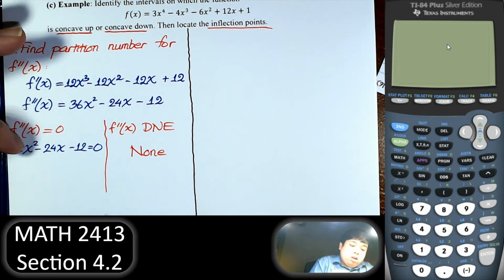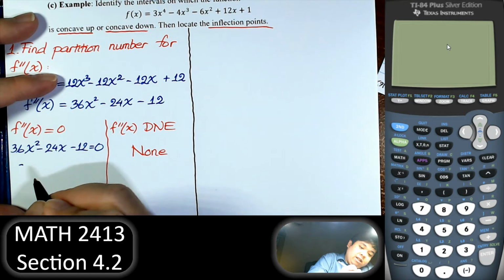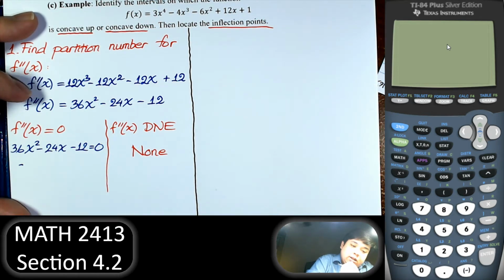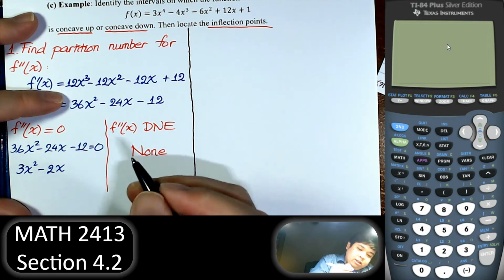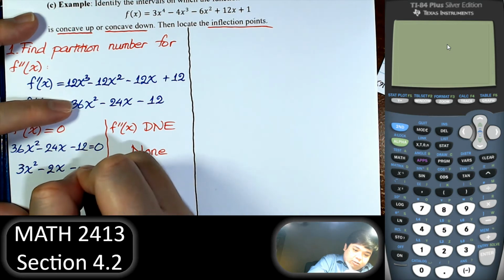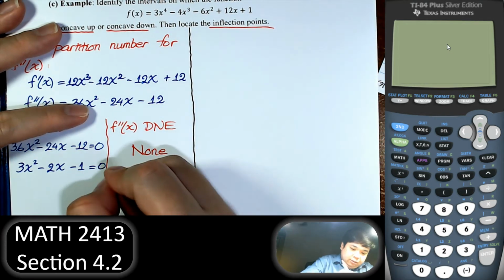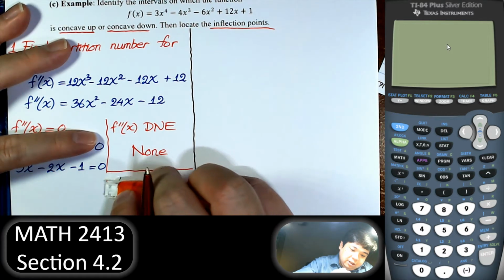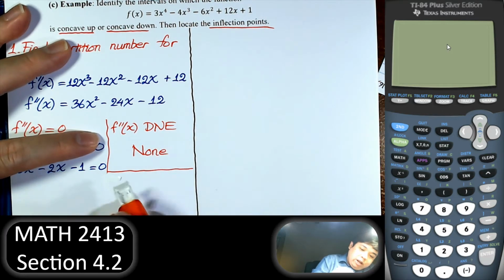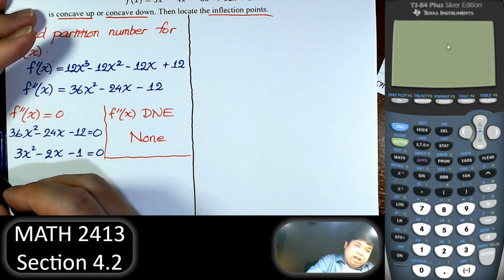I can divide both sides by 12 because we can: x squared minus x minus 1 equal to 0. And we should be able to factor it. If we cannot factor it, we use the quadratic formula, which I will just do now.